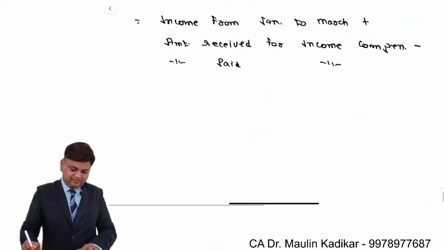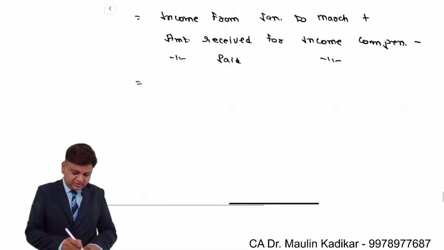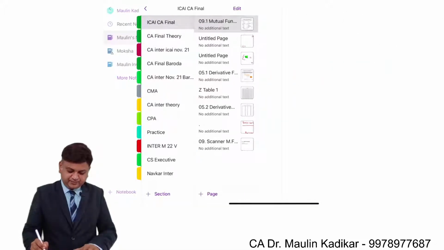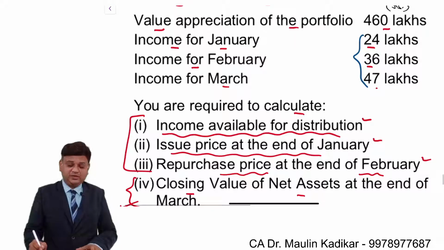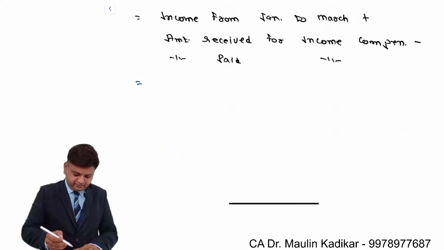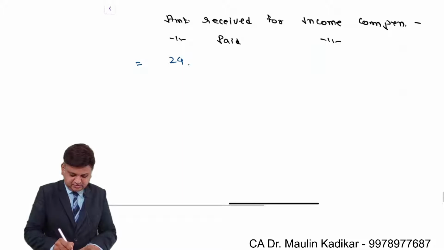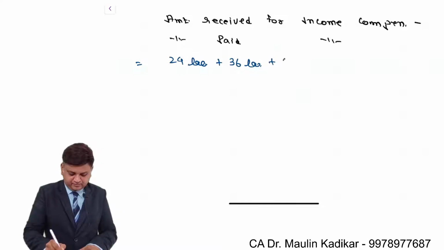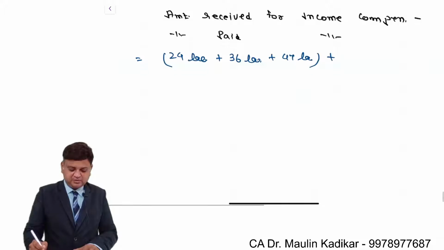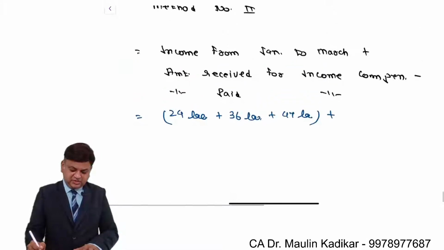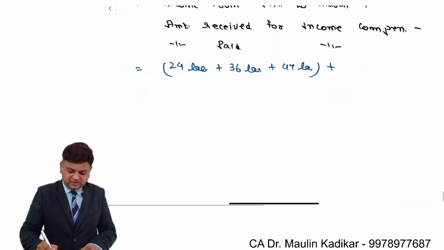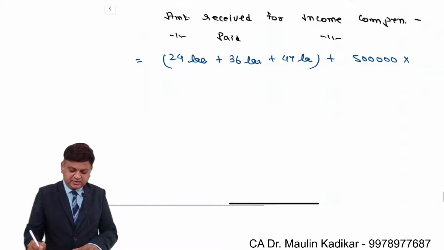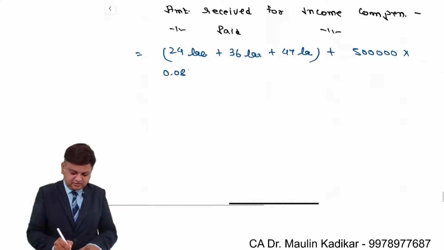So the income for these 3 months is 24, 36, 47: 24 lakhs plus 36 lakhs plus 47 lakhs. Plus, at the end of January we issued 5 lakh units, multiplied by the income per unit of 8 paise.